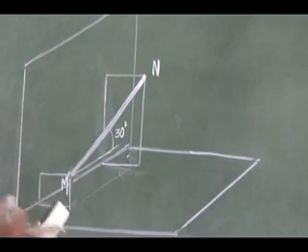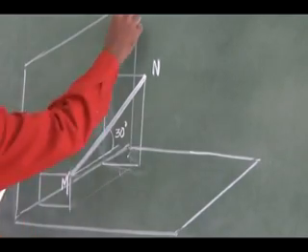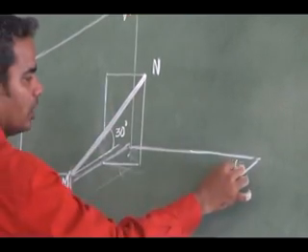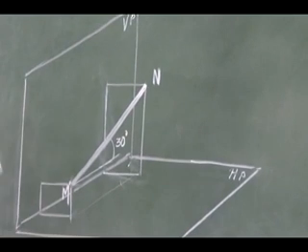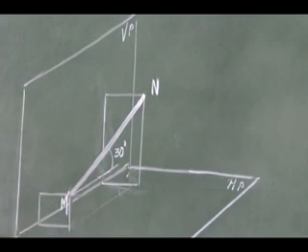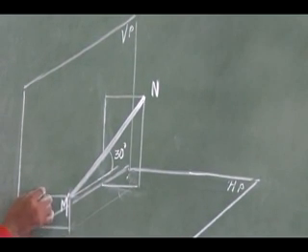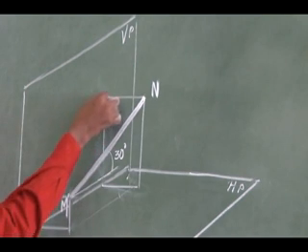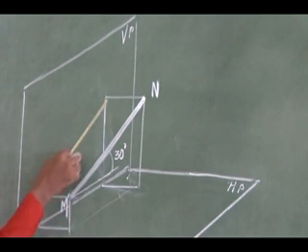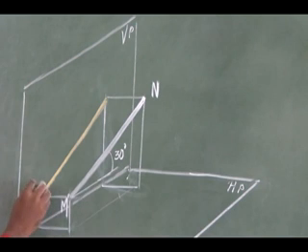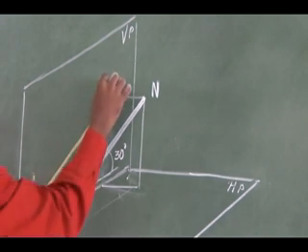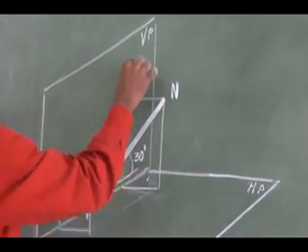The projection of the line, it is obtained on the vertical plane and on the horizontal plane. Okay, the front view it is obtained on the vertical plane. That front view will be like this. See here, this is my m dash and this is my n dash.